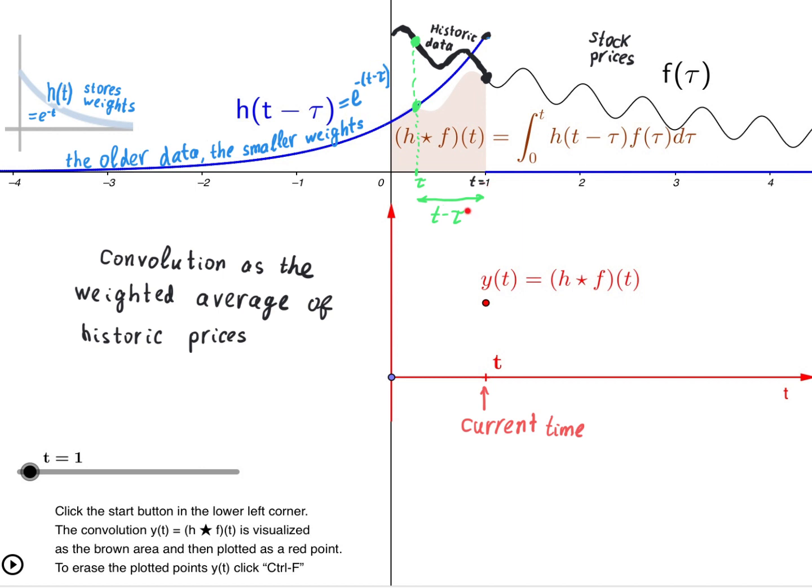So the larger t minus tau, the smaller the weight should be. So we replace t in the exponent with t minus tau.